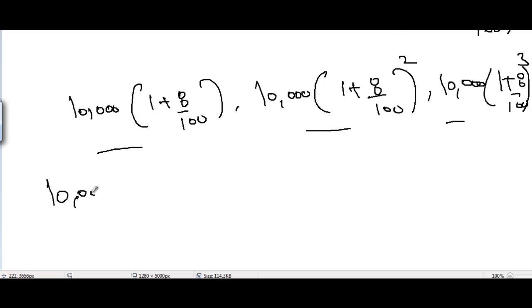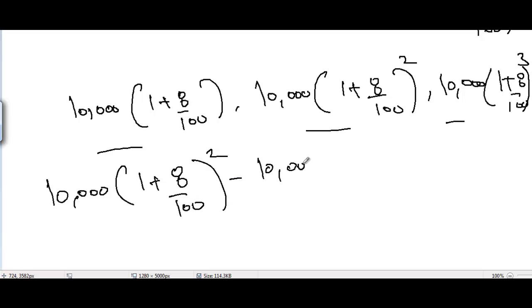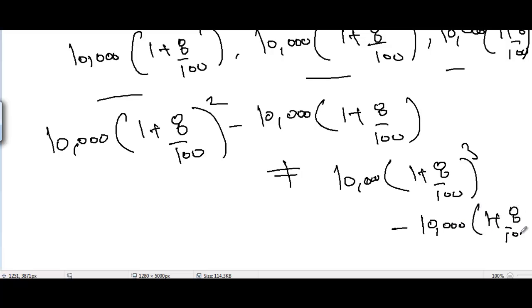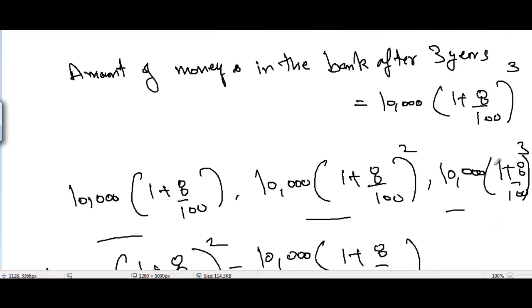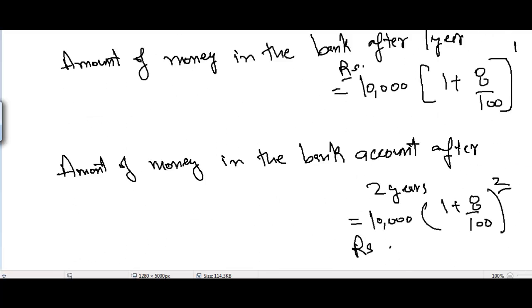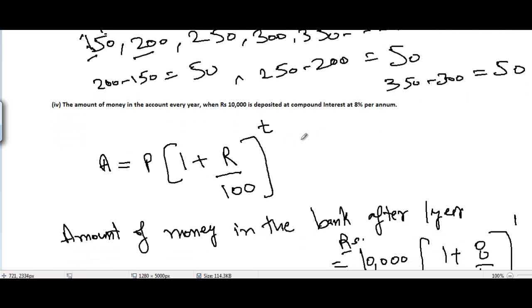For example, 10,000 times 1 plus 8 divided by 100 power 2 minus 10,000 times 1 plus 8 divided by 100 is not equal to 10,000 times 1 plus 8 divided by 100 power 3 minus 10,000 times 1 plus 8 divided by 100 power 2. So the difference between these two terms would not be equal to the difference between these two terms. So the difference between any two consecutive terms is not the same here. That is why any numbers related to this situation do not make an arithmetic progression. So the answer would be no here.